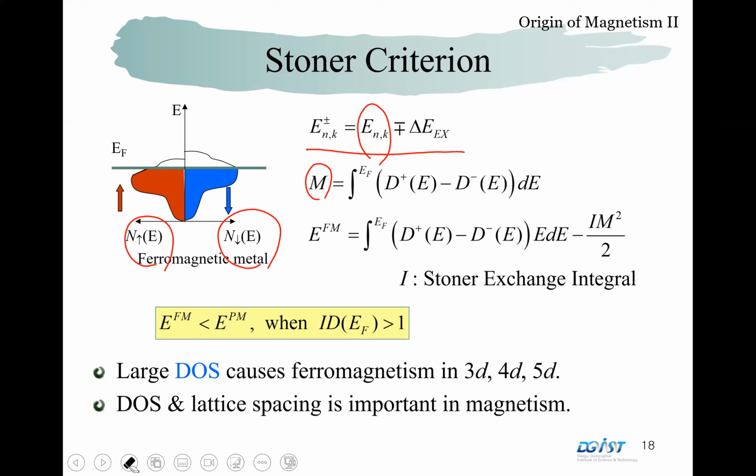And the next one, this gives us n plus, and this one equals n minus. So the total magnetic moment is proportional to the difference between the two density of states integrals.